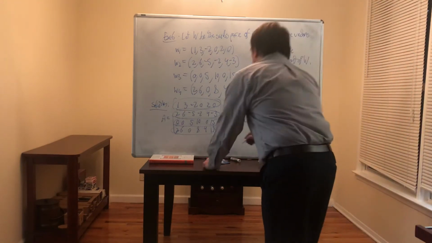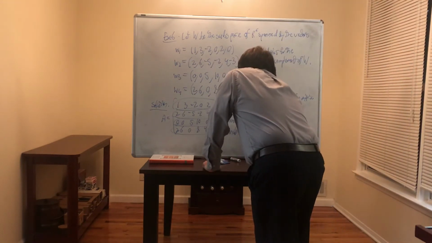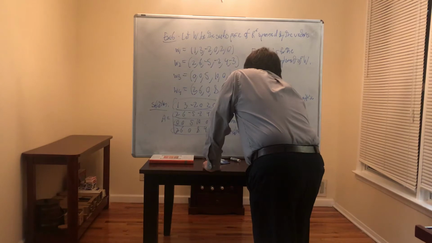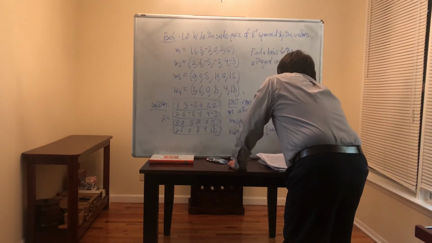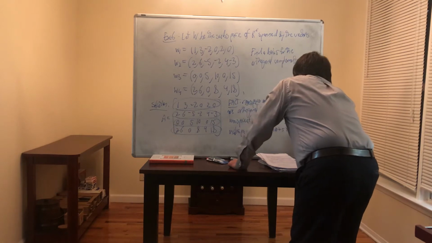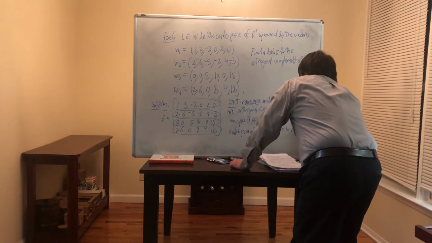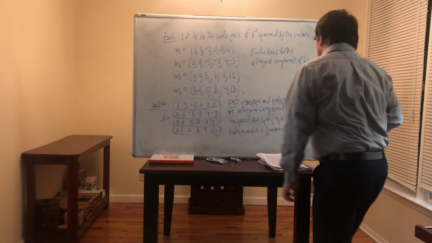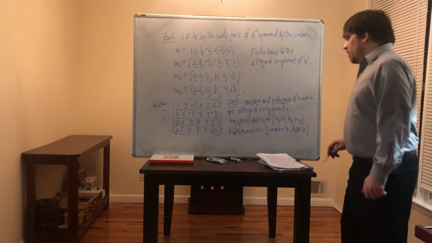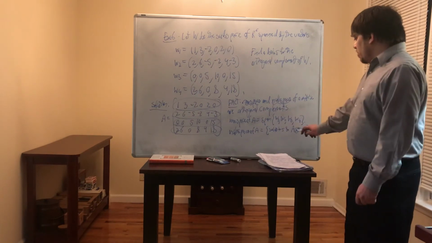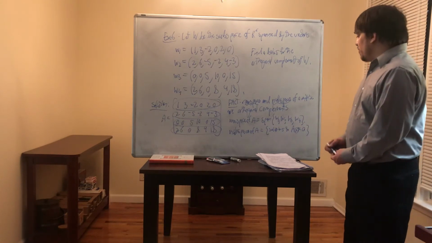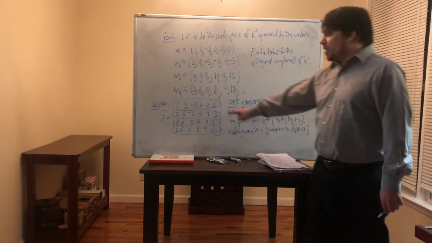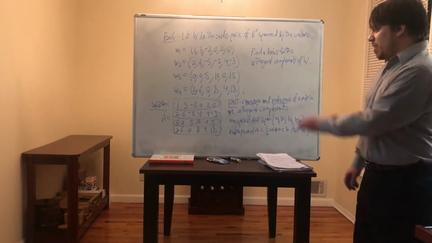And so the null space of this matrix is the set of solutions to the equation AX equals 0. So the solutions are the six tuples X, such that A times X equals 0. And so if you find the general solution to AX equals 0, you're finding the null space of that matrix.